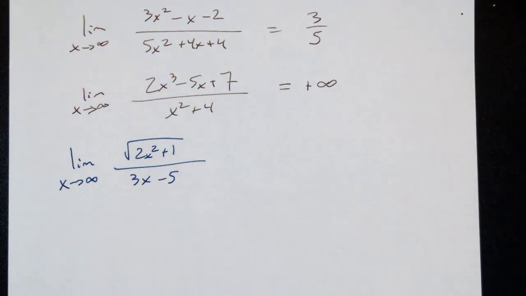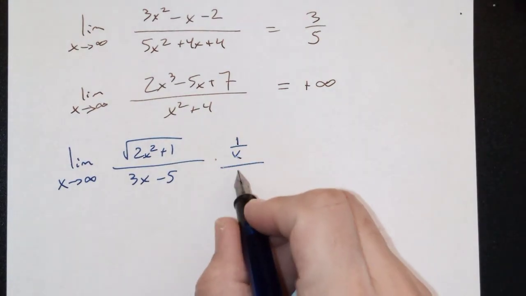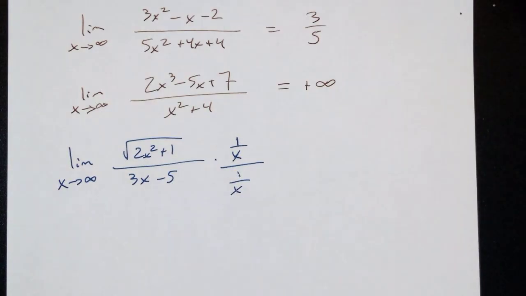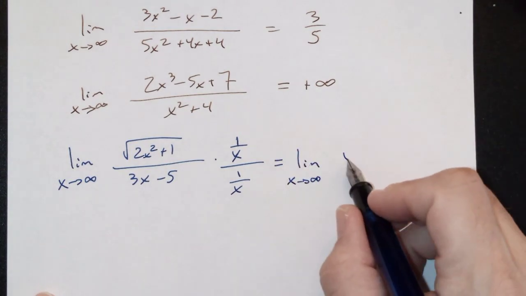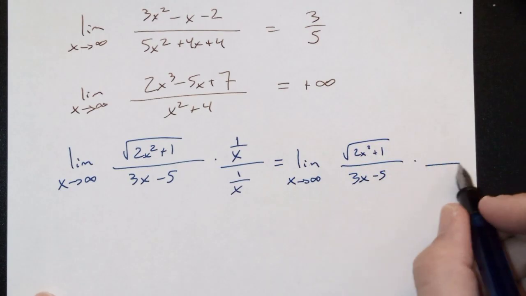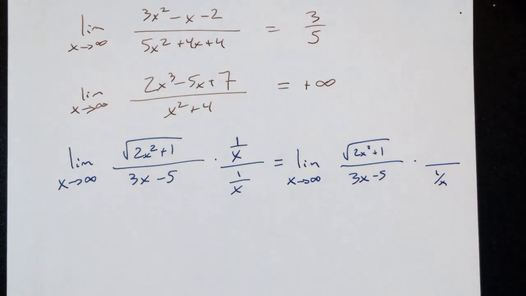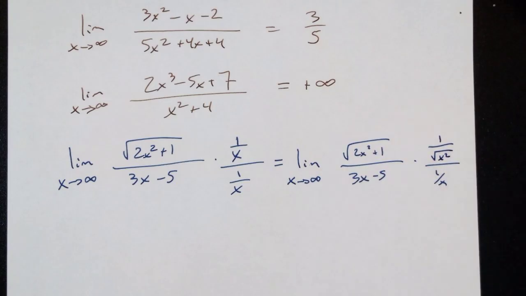I got to go back to that 1 over x idea. So I'm going to multiply by 1 over x on top and 1 over x on the bottom. But in order to deal with the square root, I'm going to change the way I write x on the top. Instead of writing 1 over x, I'm going to write 1 over the square root of x squared.